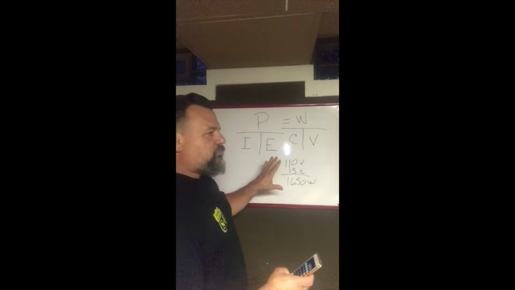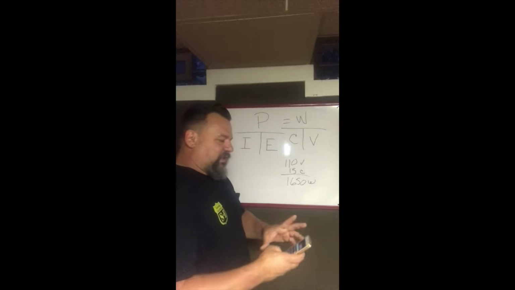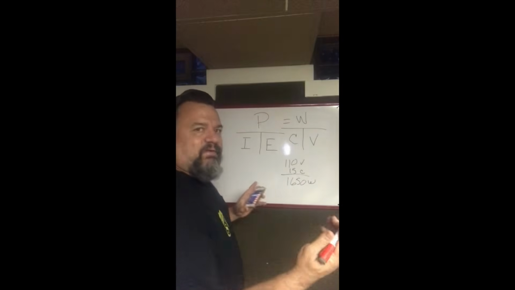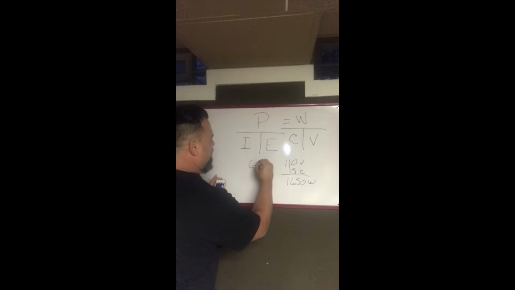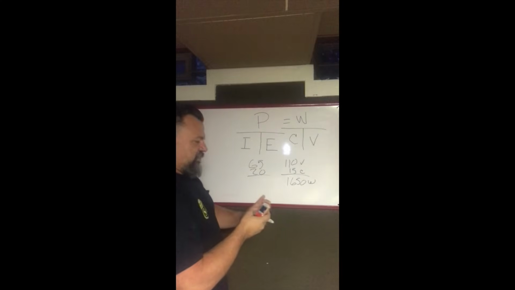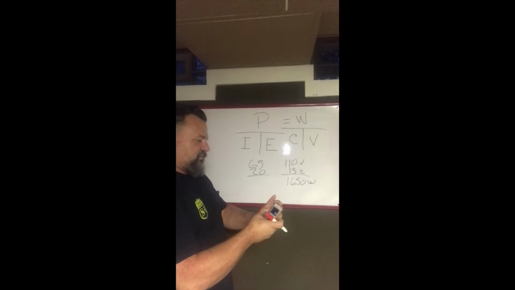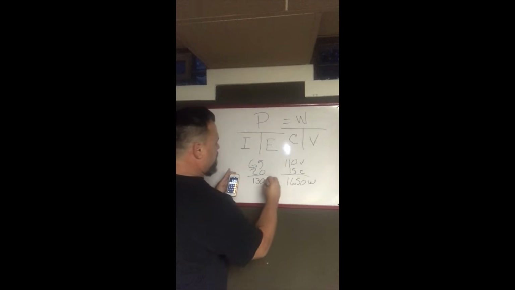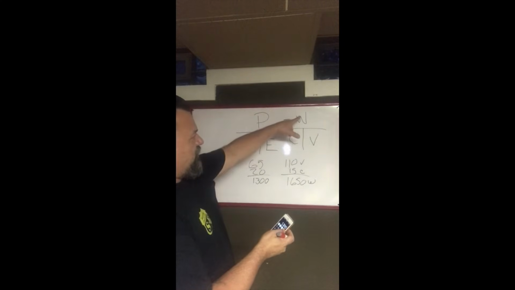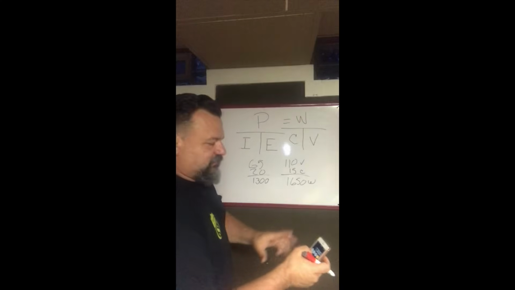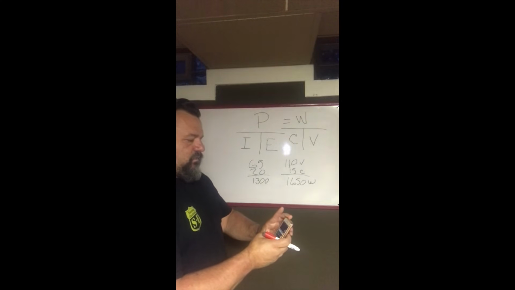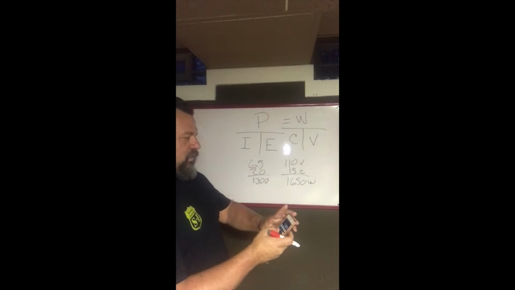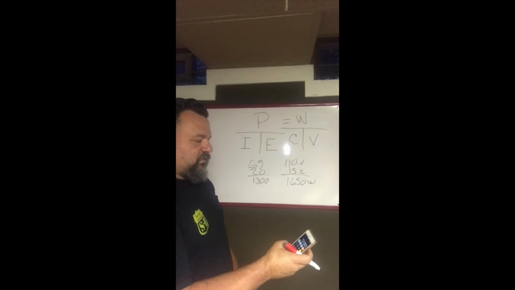So let's say we've got 20 lights at 65 watts apiece. 65 times 20. Don't mind the chicken scratch. 65 times 20 equals 1,300 watts. Now, there's my watts. 1,300 watts divided by my voltage, 110, or I'm sorry, my amperage, 15, whatever.